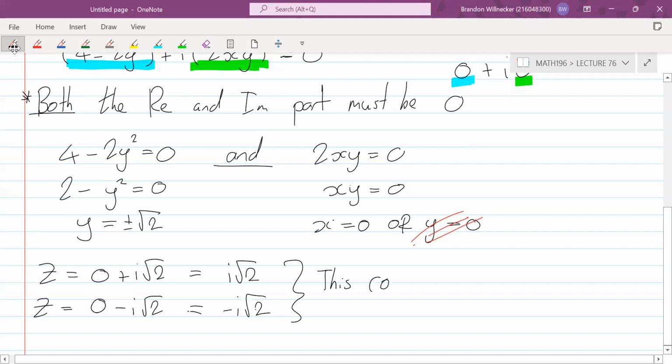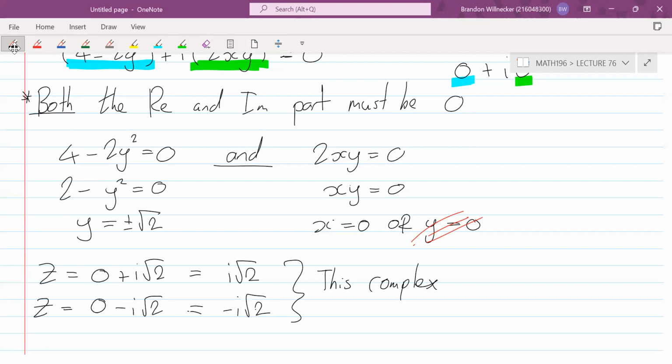So this complex equation has two complex solutions. Okay, so we see there's no real solutions, okay, because z has this imaginary part to it. So it's a complex solution.